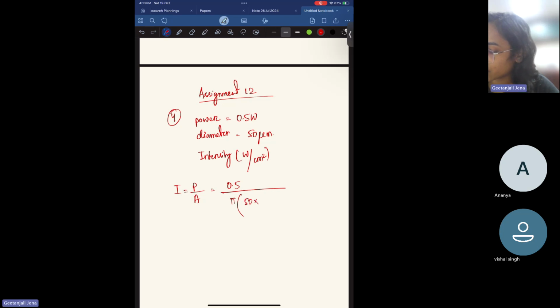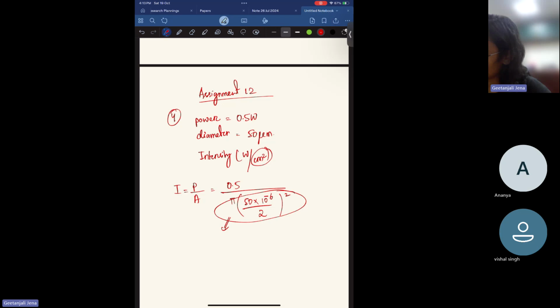So r is 50 into 10 to the minus 6 divided by 2, squared. Let us calculate directly in centimeter square, because it is asking in centimeter square.